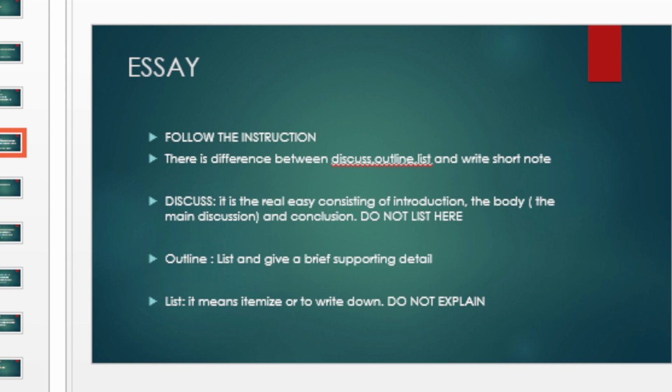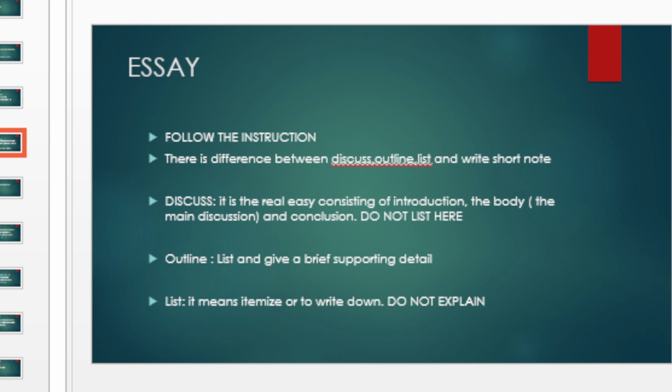So when they say discuss, that's the real AC. You do it like you're writing an AC the way you know it, right? Where you have the introduction, where you define the condition and give small epidemiology, right? Then the body of the AC, that's the main question you are being asked.